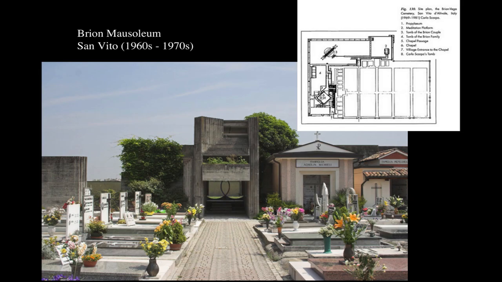And so it was this long, drawn-out process of imagining what is possible and designing and adding on and building. The cemetery itself, the Brion Mausoleum, wraps like an L around one corner of the city cemetery. It's located just a little outside the town of San Vito.